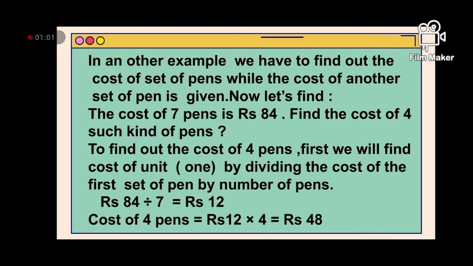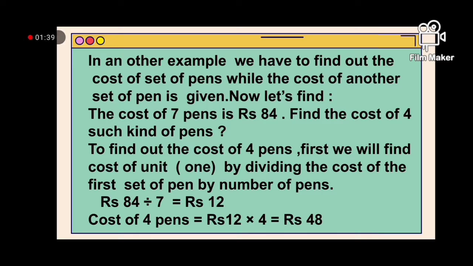And the cost of 4 pens is equal to rupees 12, which is the cost of 1 pen, multiplied by the number of pens, that is 4, which is equal to rupees 48. In this example, you can see first we have divided the cost of the first set of pens by the number of pens to find out the cost of a unit pen.